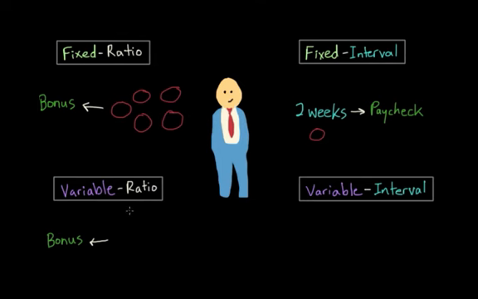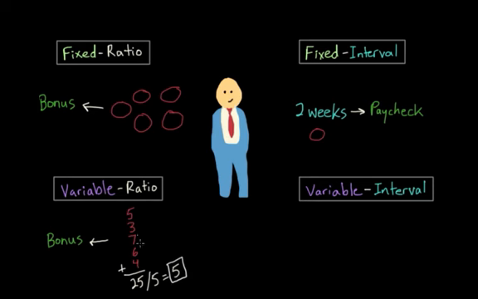So maybe he must sell 5 cars to get the first bonus, and then 3 cars to get the second bonus, and then 7 cars to get the third bonus, and then 6 cars to get the fourth one, and then 4 cars to get the fifth bonus. If you add up all the cars sold and divide it by the 5 bonuses he received, you'd find out that the average number of cars sold to receive a bonus is 5, which is what the fixed ratio schedule was above, 5 cars per bonus.